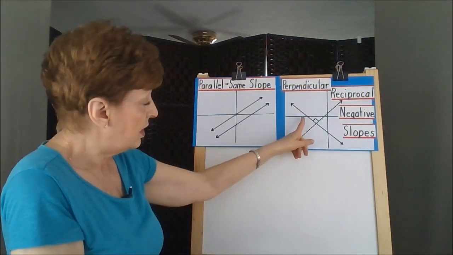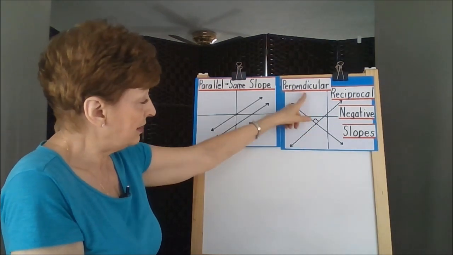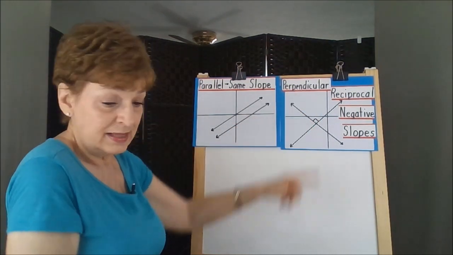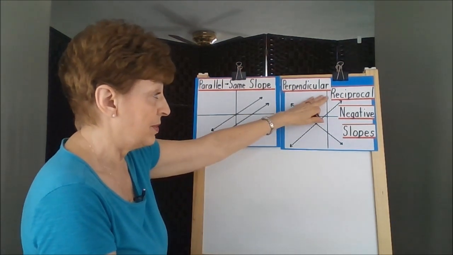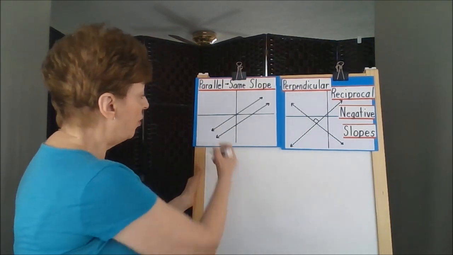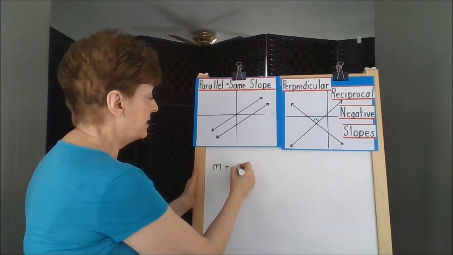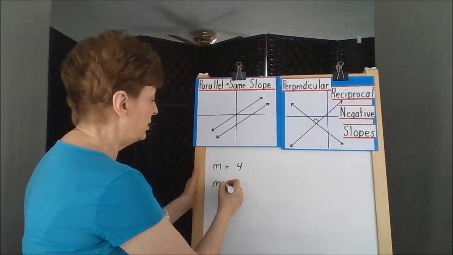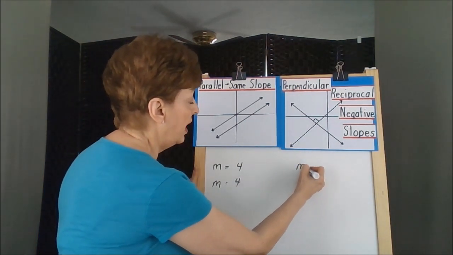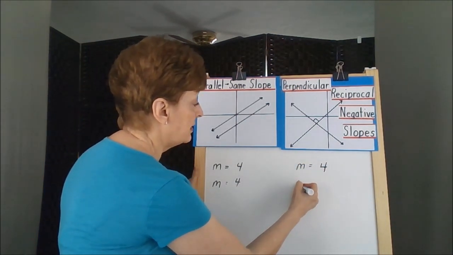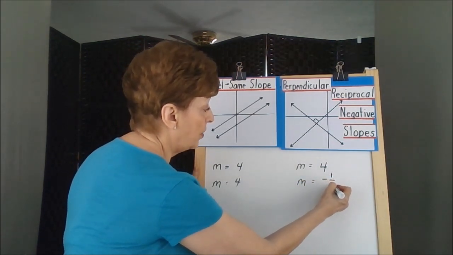When the two lines cross each other forming right angles, we know that the lines are perpendicular, and the slopes of these lines are opposite. They are reciprocal negative slopes. So over here you have the slope of line 1 is, let's say, 4, and the slope of line 2 is negative 1/4.